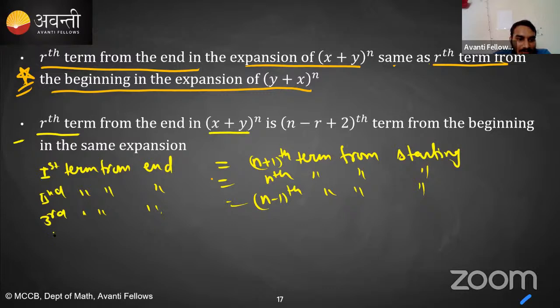So as you can see a pattern, what will the rth term from the end be? Quickly. It is the (n - r + 2)th term from the start. This is also a very important point.